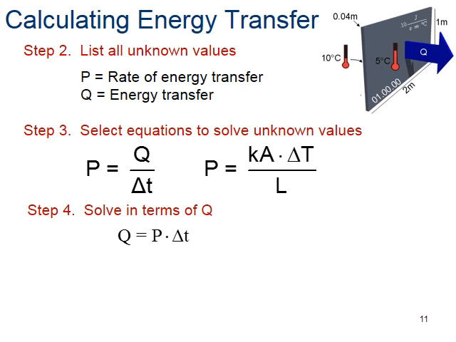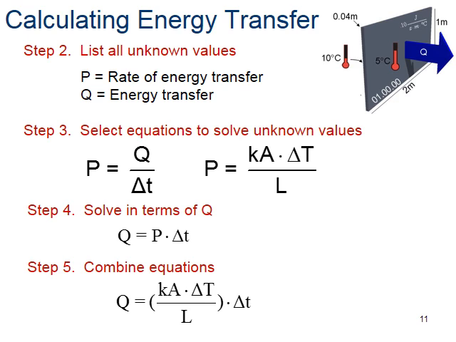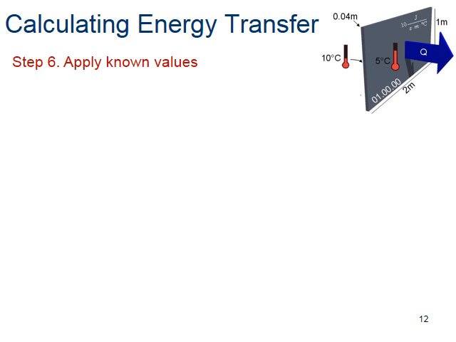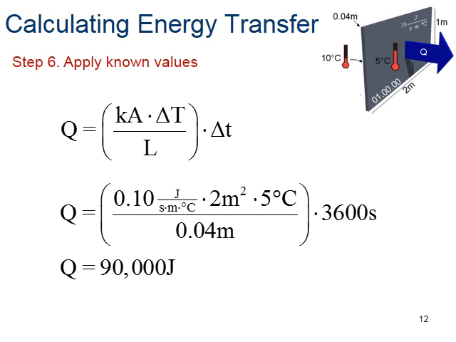So if we substitute Q equals P times delta time, and then combine those, we can write the equation like this: Q equals the quantity K times A times delta temperature over the thickness, times delta time. So let's plug all those numbers in. When we plug those numbers in, we get 90,000 joules, and that's what we're looking for.